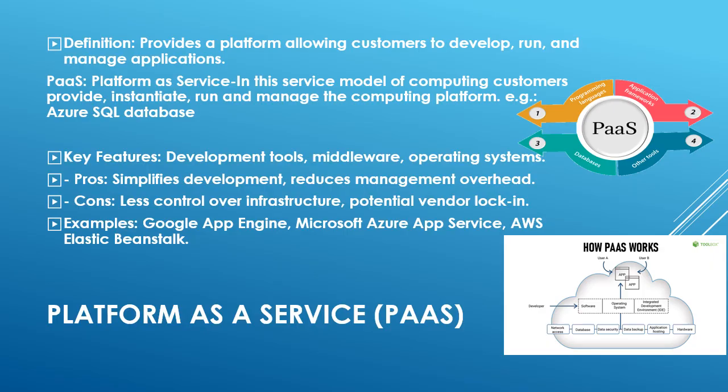So platform as a service is a service model of computing where customers provide, initiate, run, and manage the computing platform. Right. So examples like Microsoft SQL database is one of the examples. Storage account is one of the examples. GitHub. Right. So what are the key features?